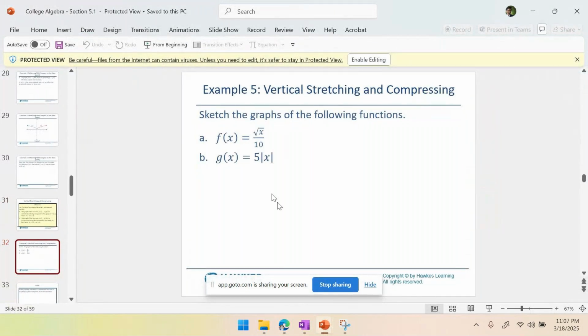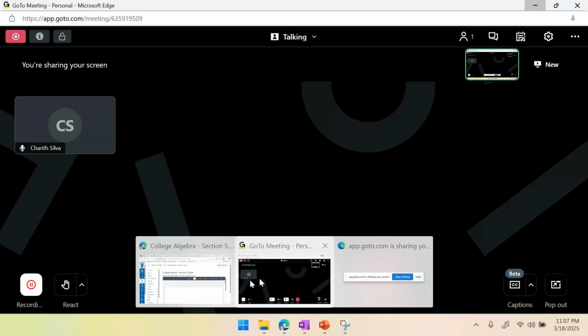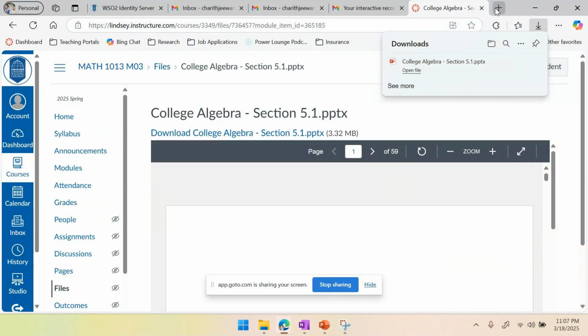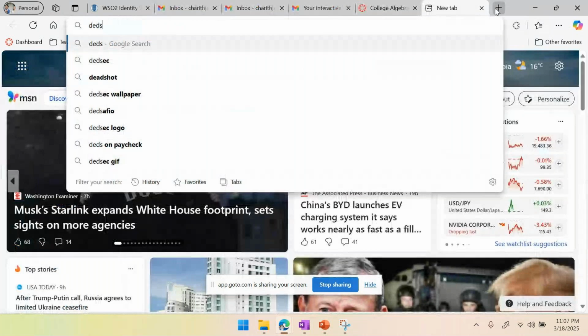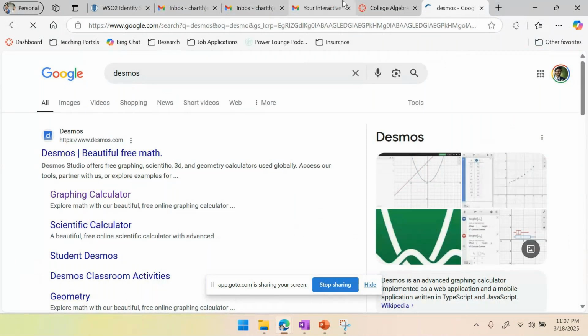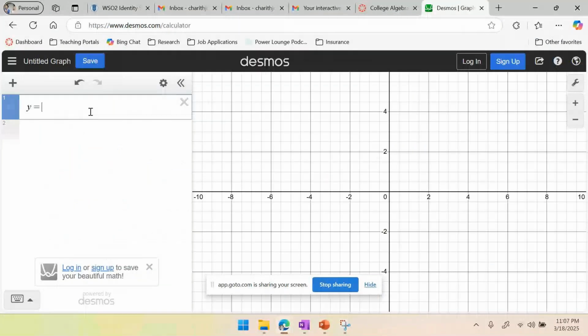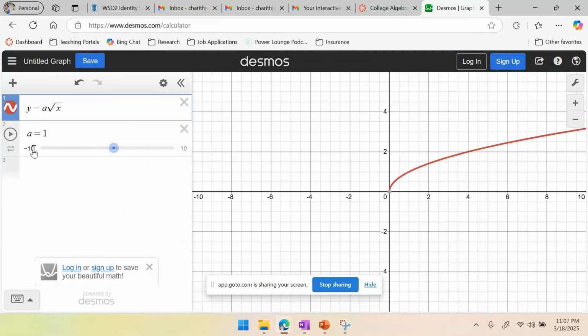So for example, let's take the square root, and to visualize that graph, just go to the Desmos graphing calculator and draw y equals sqrt for the square root. You have this, and I'm going to put a variable a along with a slider.